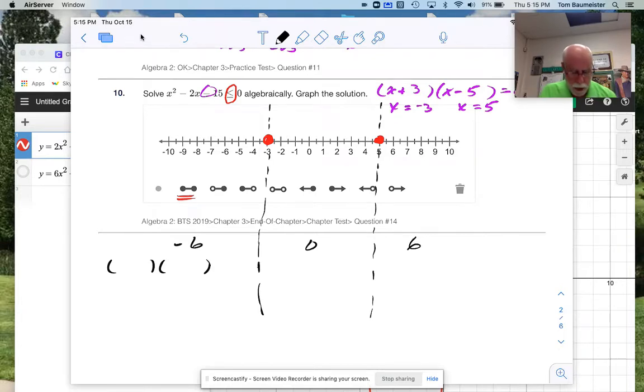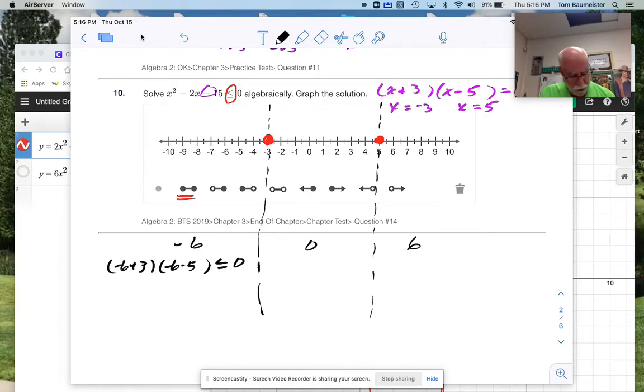And we had negative 6 plus 3, and we had negative 6 minus 5. Now we're going to see if it's a true or false statement. We have to know if it's less than or equal to 0.